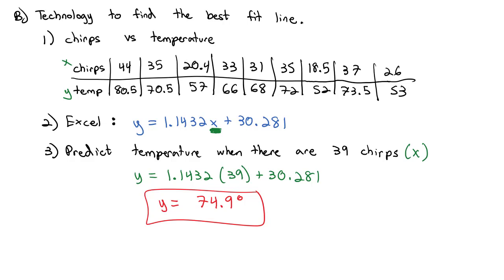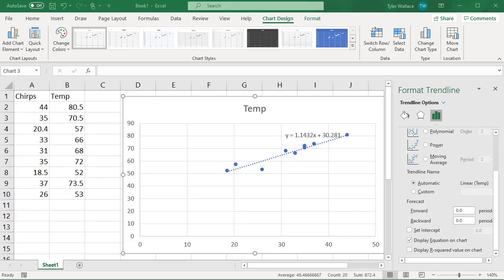Now there's a little bit of a catch to this process, because when we're predicting using a line of best fit, that line of best fit didn't connect the dots perfectly, right? When we looked at our Excel chart, there was a little bit of a gap between the line and the dots sometimes along the way.